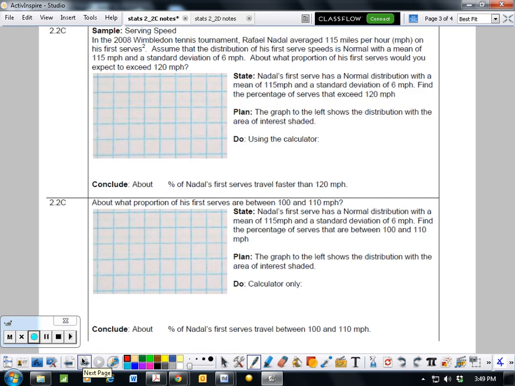Okay, so we're going to take this a little bit farther and show you how even more powerful this is. In the 2008 Wimbledon tennis tournament, we did this before with our table, now we're going to do it with the calculator. So Rafael Nadal averaged 115 miles per hour on his first serves, assume the distribution is normal. So we started off with 115, draw that curve.